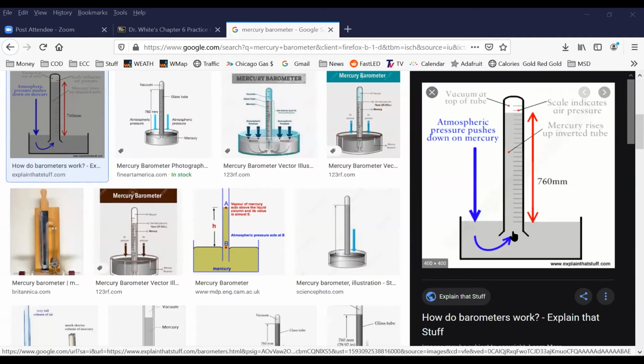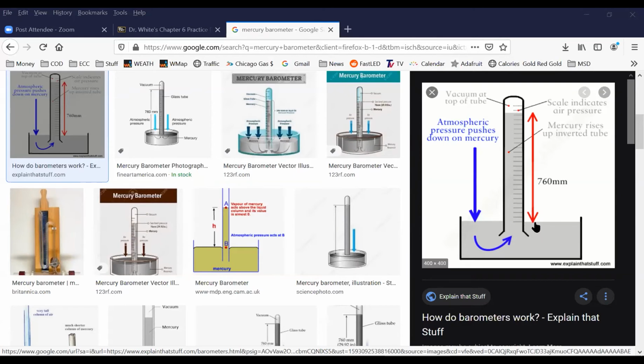While it was still evacuated, he stuck the tube underneath the surface of the liquid mercury. Immediately afterward, when he took his finger off the bottom, the mercury went up the column. Why did it go up the column? Because the pressure from the gas in our atmosphere pushed down and forced it up the column.